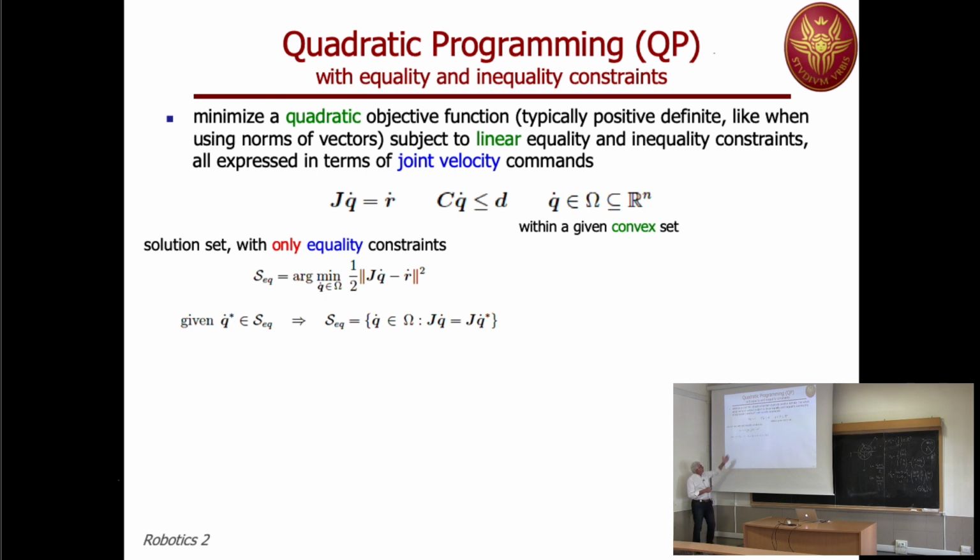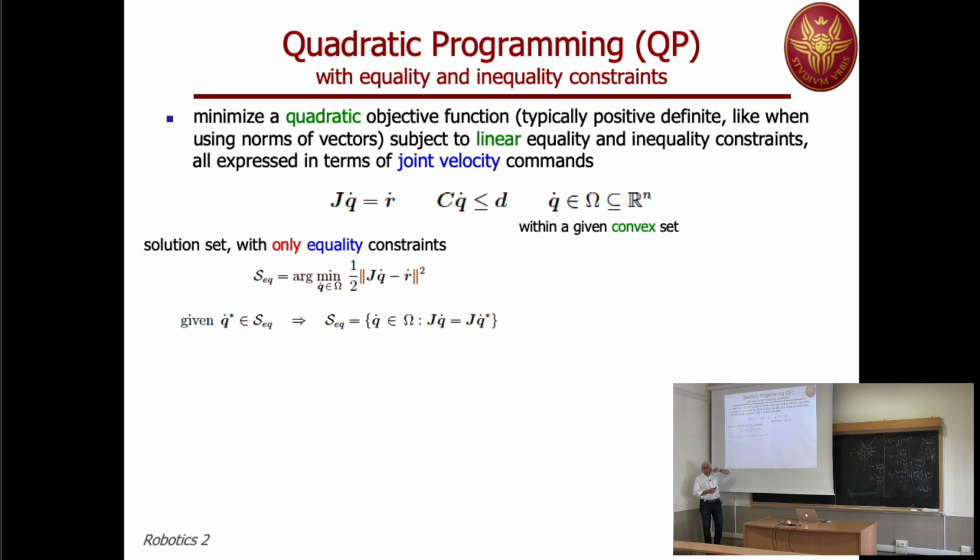And the solution set for equality is the one that minimizes, while q dot belongs to the generic convex set, the norm of the error on the task velocity execution. And this set of possible solutions in which we are looking for the minimum norm one can be built in the following way. Take one possible solution to this error minimization problem.